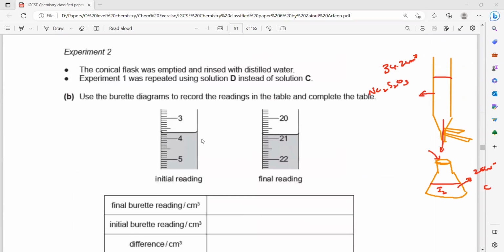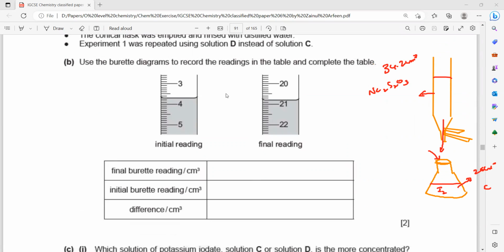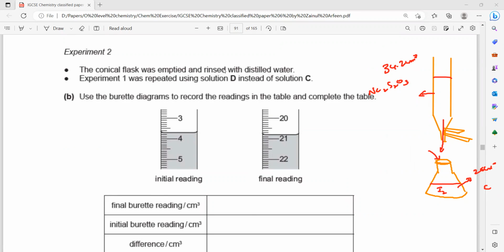Then the student repeated the experiment. The conical flask was emptied and rinsed with distilled water. Why rinsed with distilled water? To remove the content from the previous experiment. Then experiment 1 was repeated using solution D instead of C. So the only difference between the two experiments is that in the first experiment, the student used solution C and now the student is using solution D. In the burette, the same thiosulfate is there.